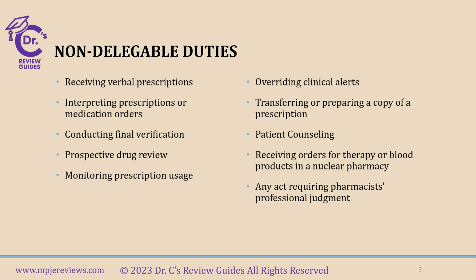The reason for that, or therapy, the reason for that is most prescriptions in a nuclear pharmacy are for diagnostic purposes. And if they're for diagnostic purposes, there's an exception for nuclear pharmacies that does allow pharmacy technicians to take verbal orders for those. But if it's a therapeutic or blood product prescription in a nuclear pharmacy, then it's treated more like a regular prescription in a community pharmacy, under which only a pharmacist can take that verbal order.